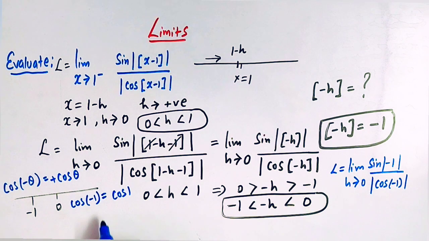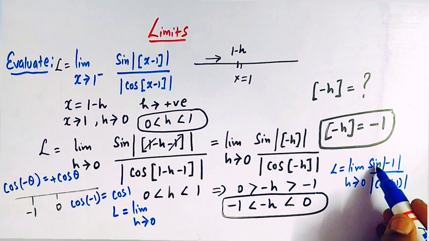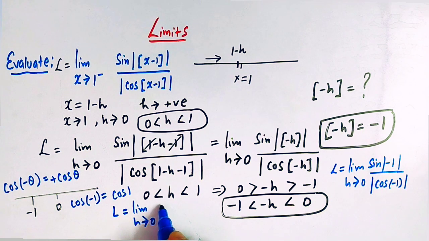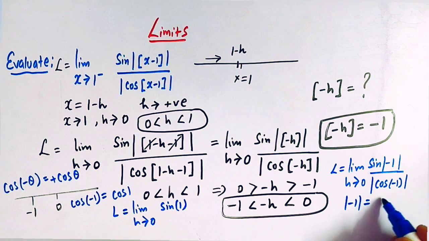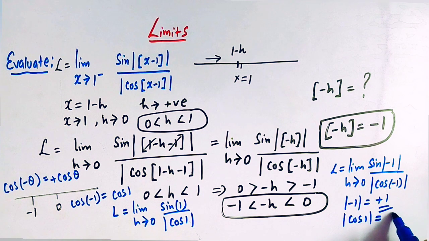Now this limit L can be written as the limit h tends to 0 of sin of mod of -1, that is simply sin of 1, because mod of -1 is a positive 1, and cos of -1 is equal to cos of 1, so we have mod of cos of 1, and mod of cos of 1 is equal to cos of 1. Since this expression is now independent of h, we can remove the limit notation.